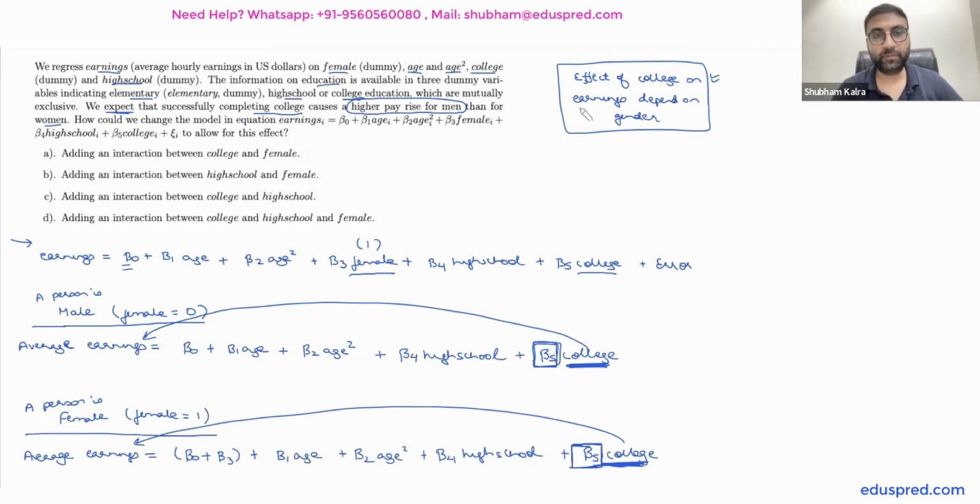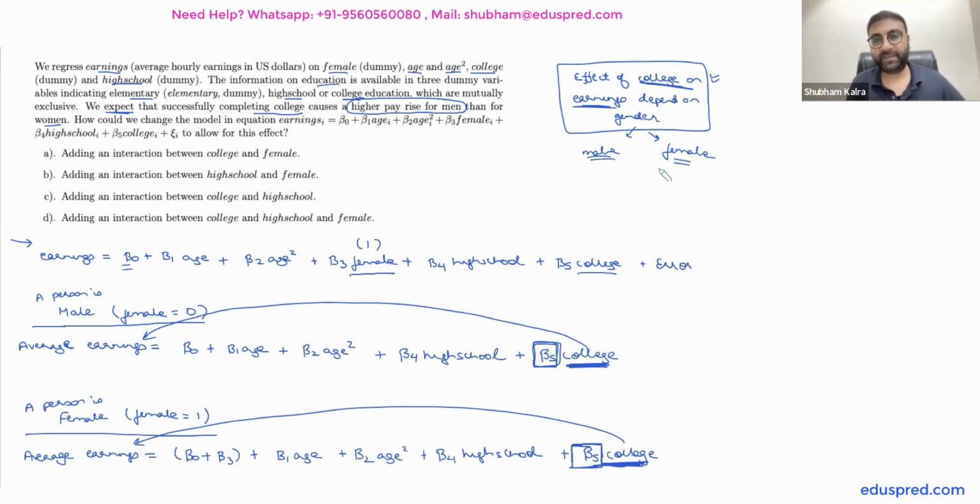You want to make sure that the effect of college on earnings depends on gender. Whether you are a male or a female, the effect of college on earnings should depend on your gender. Now, whenever you want the effect of one independent variable to depend on another independent variable, you have to create an interaction between them.